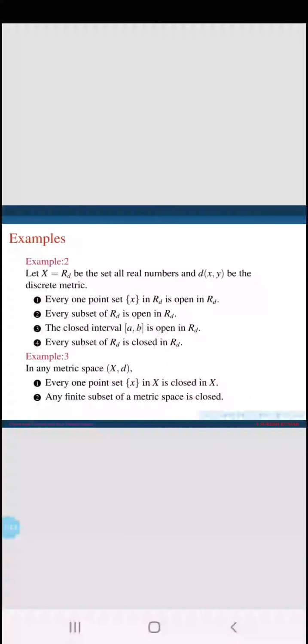So the singleton {x} is open in R with the discrete metric. But in the case of the usual metric, the singleton {x} is not open in R, whereas in R with the discrete metric, every singleton set is open in R.